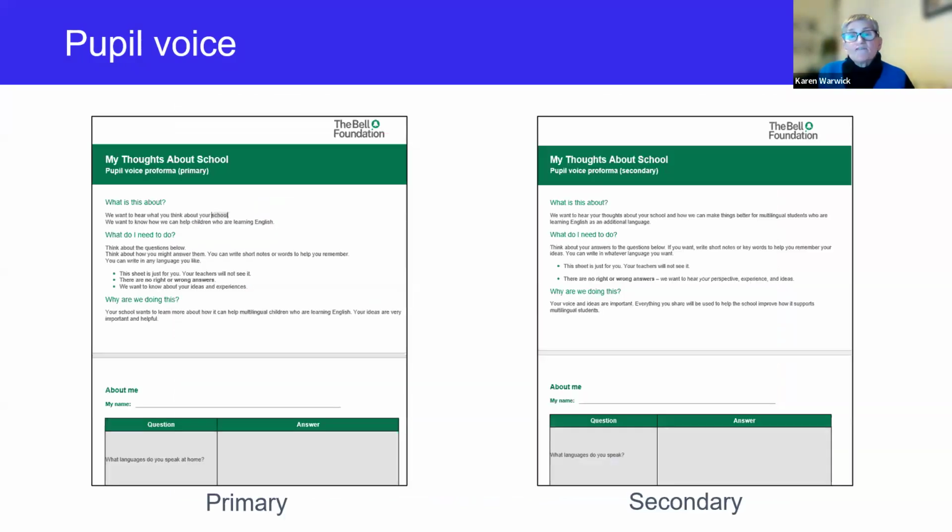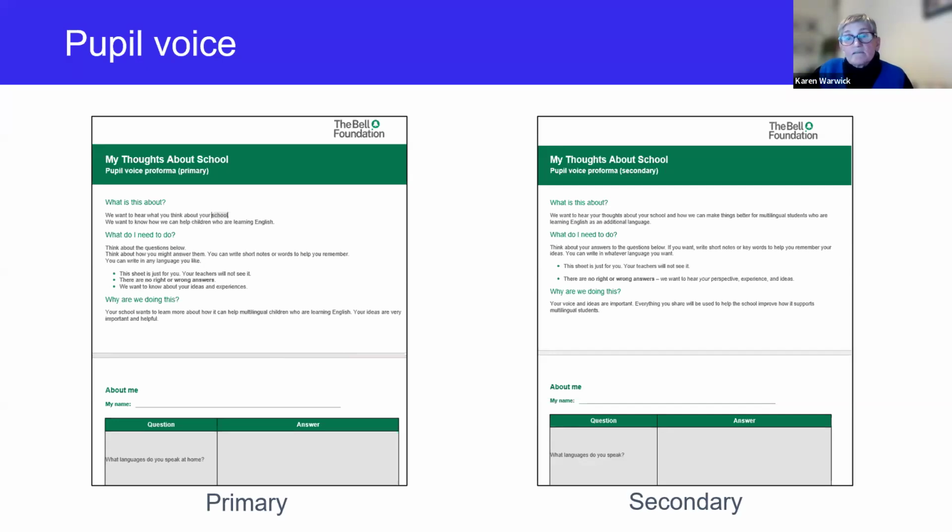Okay, so the proformas for pupil voice. We've got two. There's one for primary and there's one for secondary. Both versions guide you with suggested questions that you can give directly to multilingual learners, particularly older learners, so that they can take them away and think about their responses before you hold a focus group or meeting with such learners.